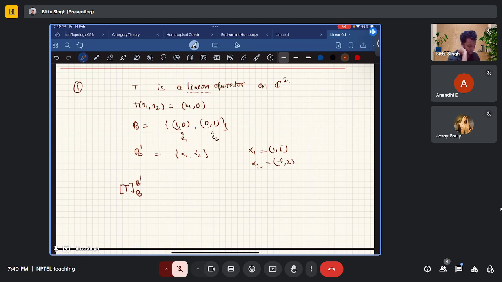And there are also several questions. For example, matrix representation with respect to B dash, T with respect to B dash, that is B dash B. Just a minute.